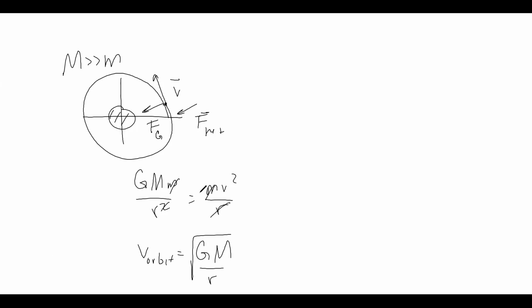But in keeping with this spirit, let's solve this equation, or let's substitute the velocity of the orbit for the period. So that's going to be 2 pi r over t. And so we can solve this for t.